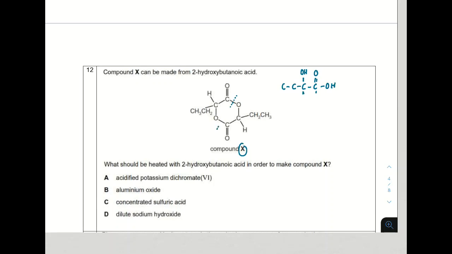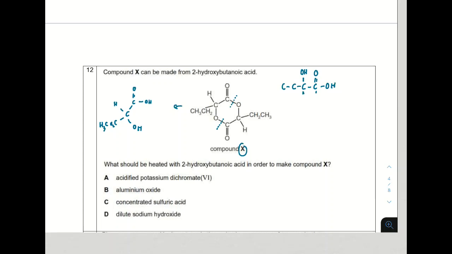If I break the bond over here, I'm going to get a molecule for this side: C double bond O, and then OH bonded to carbon, hydrogen, CH2, CH3, and then I'm going to have the OH here.